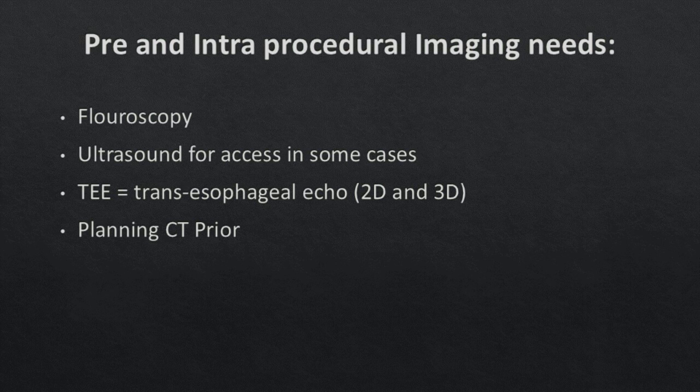TEE, or transesophageal echo, is used for the majority of the procedure as well. And a planning CT prior, which has become more and more trendy, especially with the advancements in software to be utilized during the procedure as well. From access to deployment, imaging is utilized to verify proper placement of devices and procedural success.